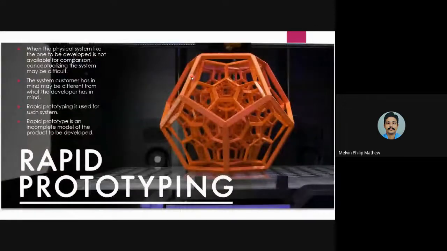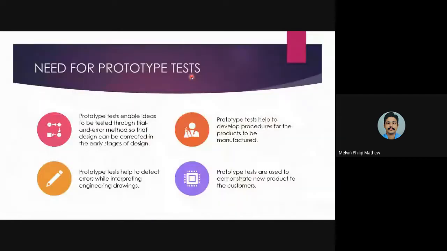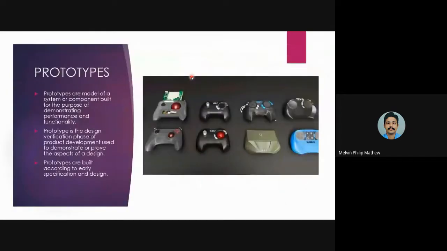Next, under prototype testing, there is another category called rapid prototyping. What is rapid prototyping? In general prototypes, you have to manufacture a specific component like this, and manufacturing it takes some time.